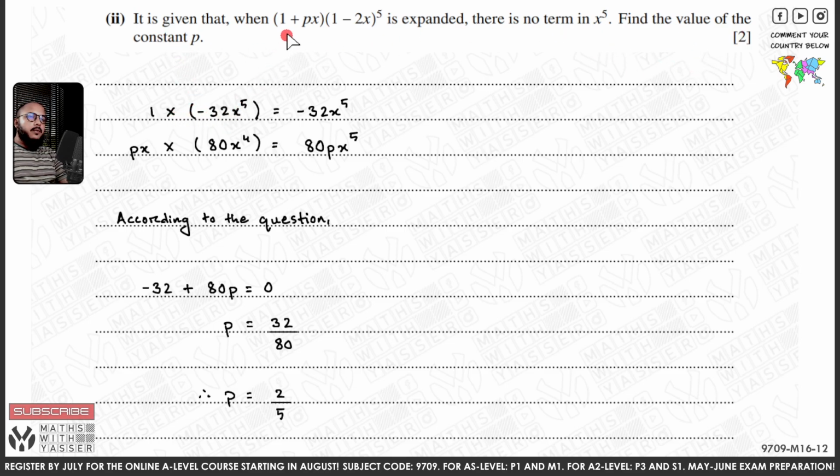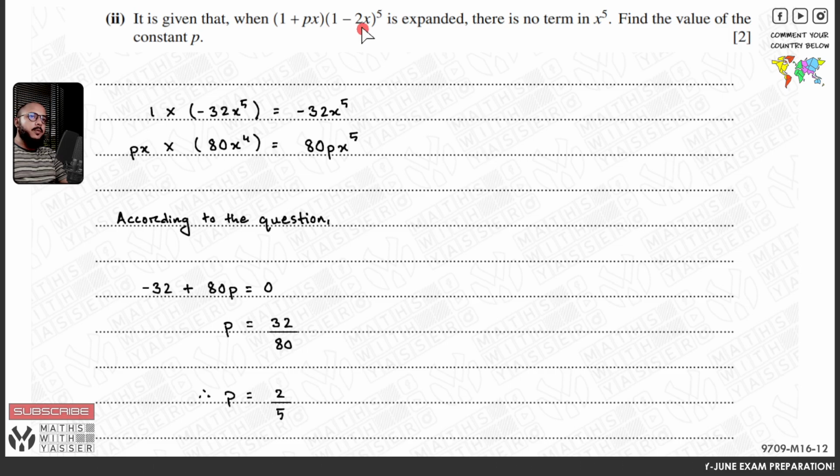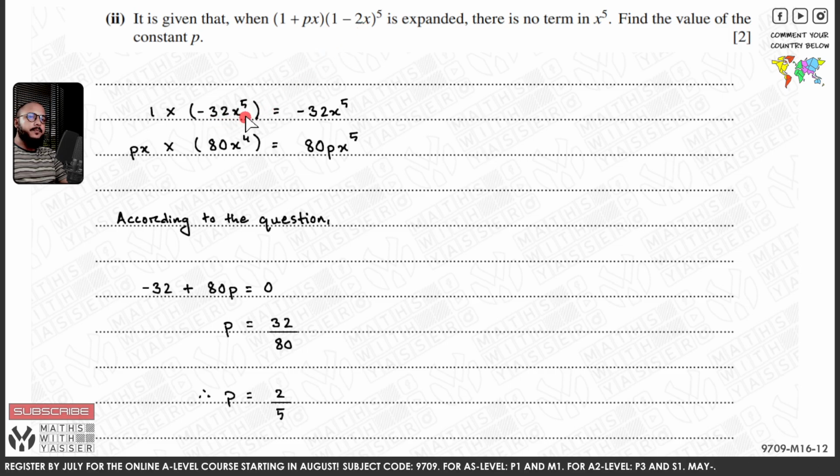So what we are doing here, we are basically multiplying from this value, which is 1. We need to multiply 1 with the coefficient of x to the power 5 from the expansion we got earlier of this one. So the coefficient of x to the power 5 was negative 32.